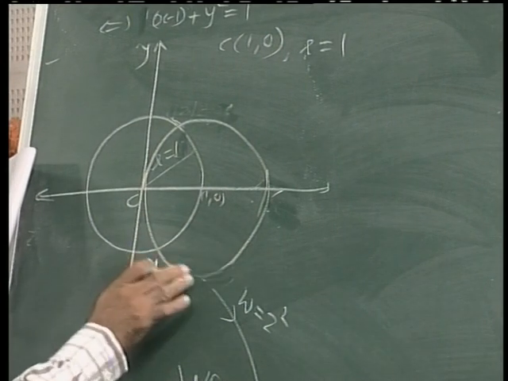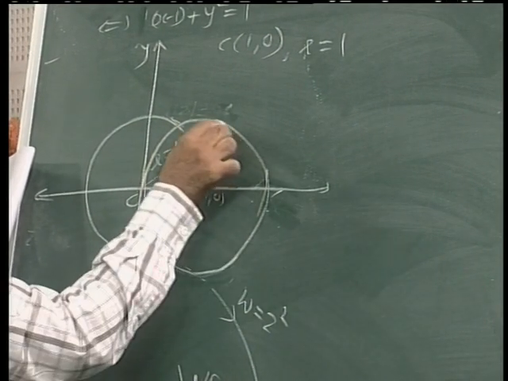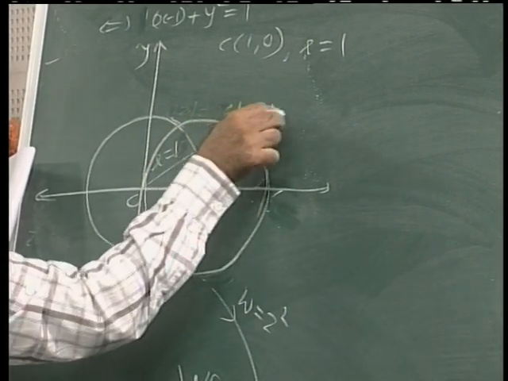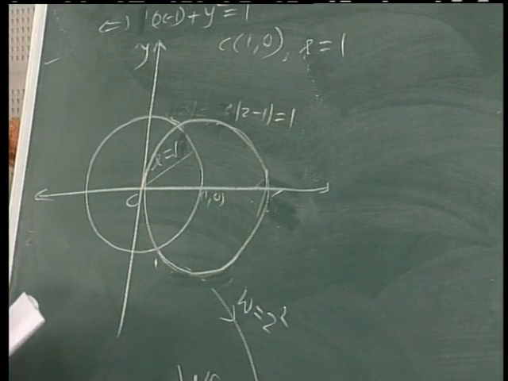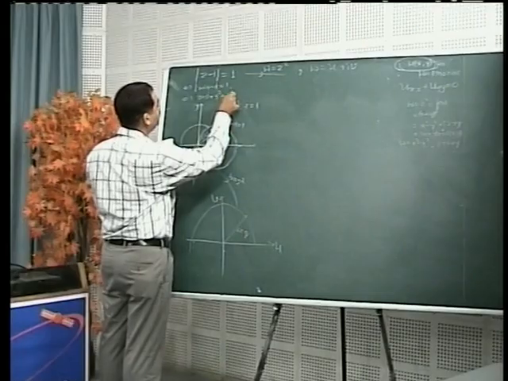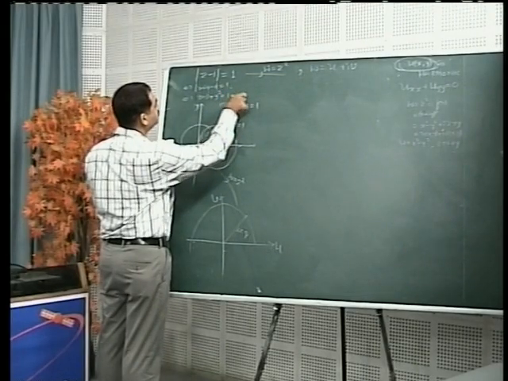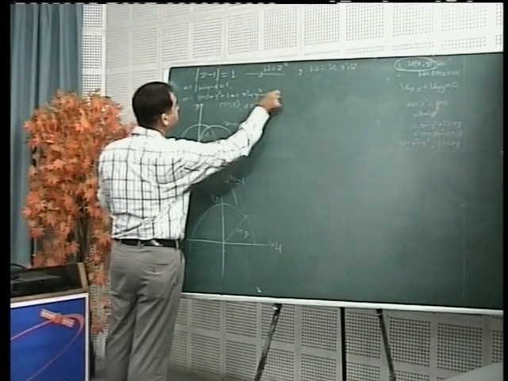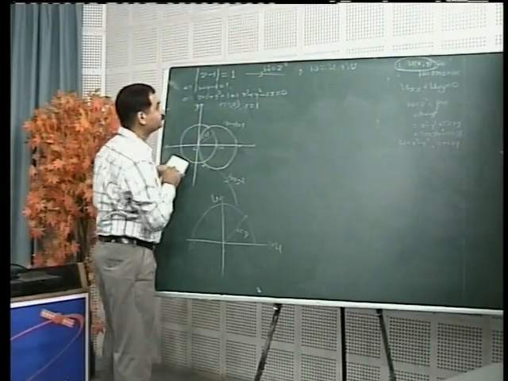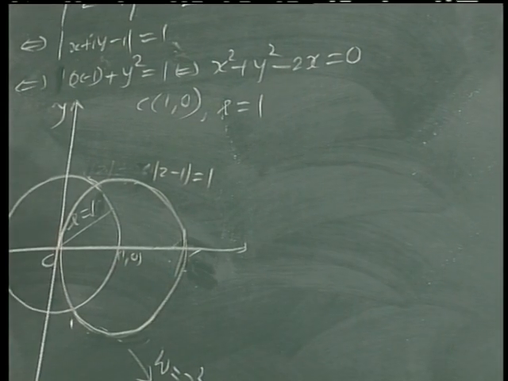This is our circle, mod z minus 1 equals 1. We have to find its image under the mapping W is z square. Now let us take a more simplified form of this, that is x square plus y square minus 2x is 0.